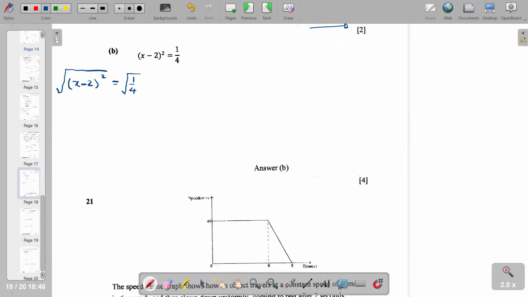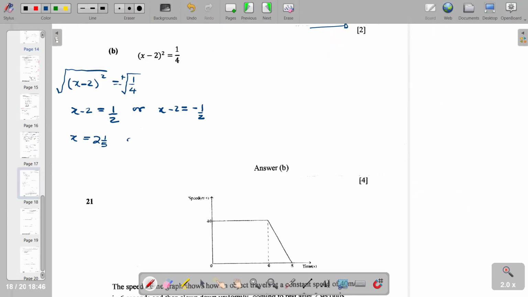The other side is going to be plus or minus. So you are left with x minus 2 is equal to the square root of that, which is half, or x minus 2 will be equal to negative 1 over 2. Then you transpose this, so it means the x will be equal to half plus 2, which is 2.5, or you leave it as 5 over 2.